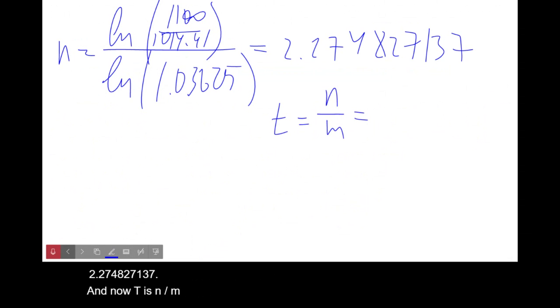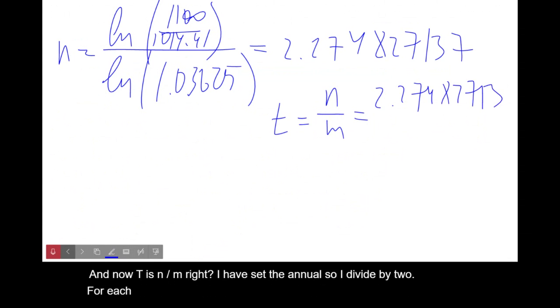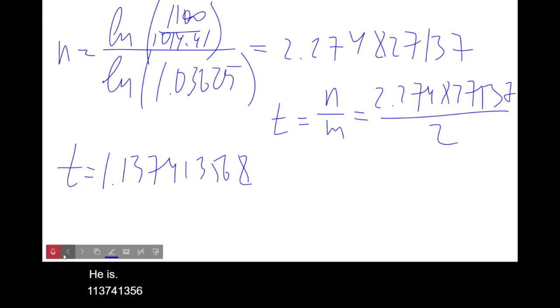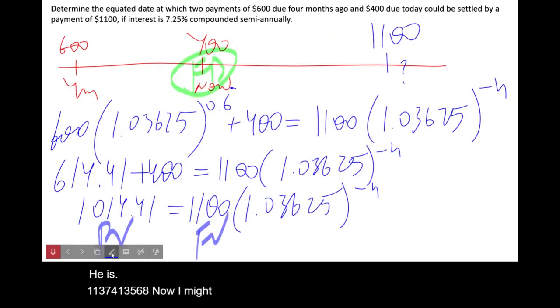I have semi-annual, so I divide by 2. 2.27137 over 2. So T is 1.137413568.